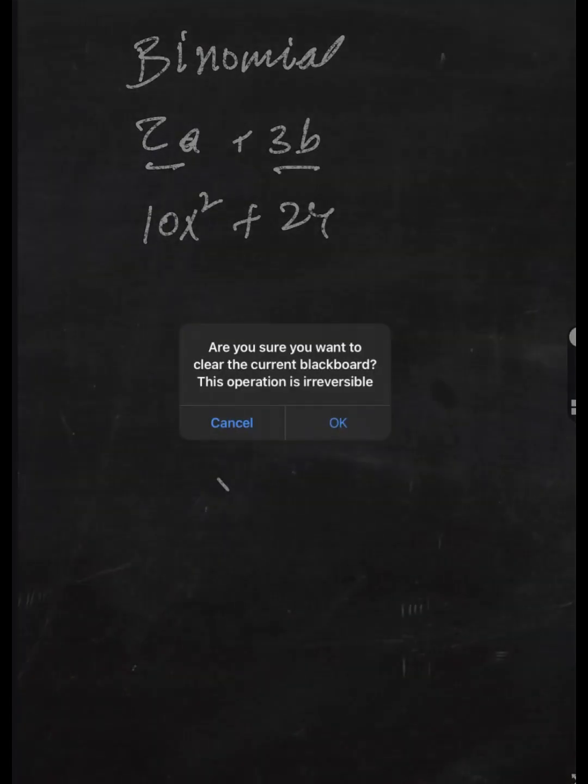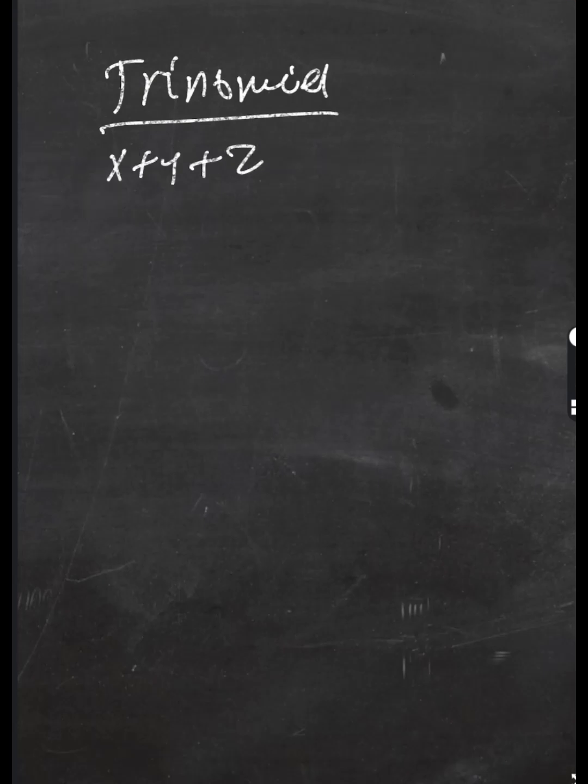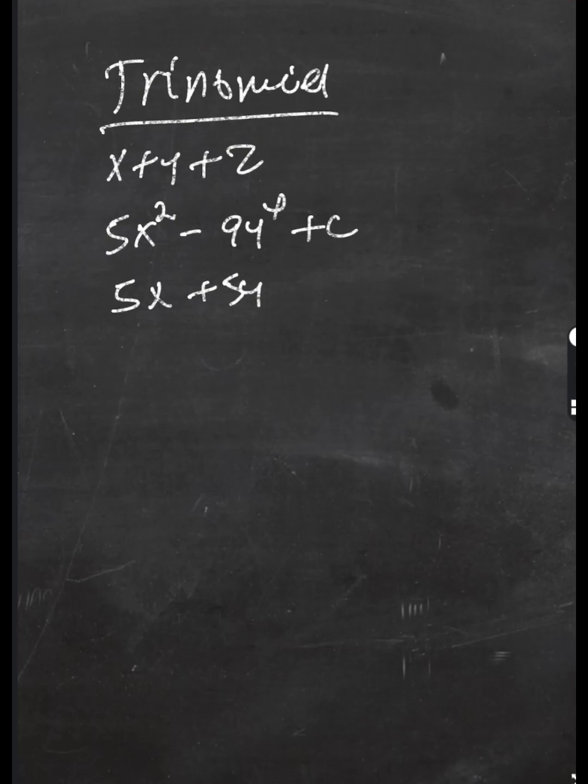For example, x plus y plus z is a trinomial, or 5x squared minus 9y to the 4 plus c is a trinomial because it has 3 terms. If I have 5x plus 3y plus 6, it is a trinomial.